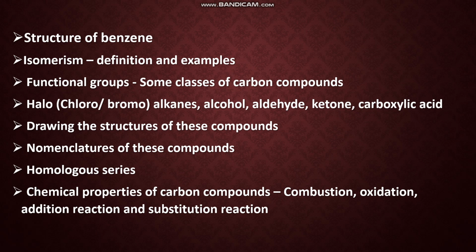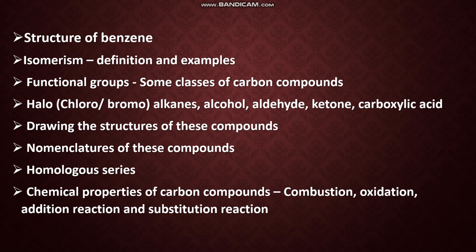Then aldehyde, functional group CHO, C double bond O, single bond H. Ketone has the functional group C double bond O, CO. Carboxylic acid has the functional group COOH, C double bond O, single bond OH. And how to draw the structures of these compounds we have learned. Then how to name them, the nomenclature of these compounds.